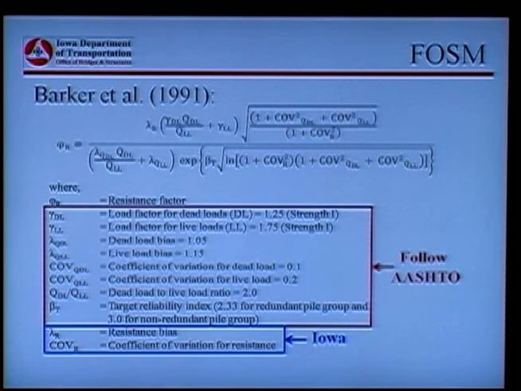That gives us these two numbers that reflect our local soil condition, our methodology of designing foundations, as well as the design and construction practice in Iowa. Those numbers reflect the local condition and are input into this equation to come up with these resistance factors. Okay?